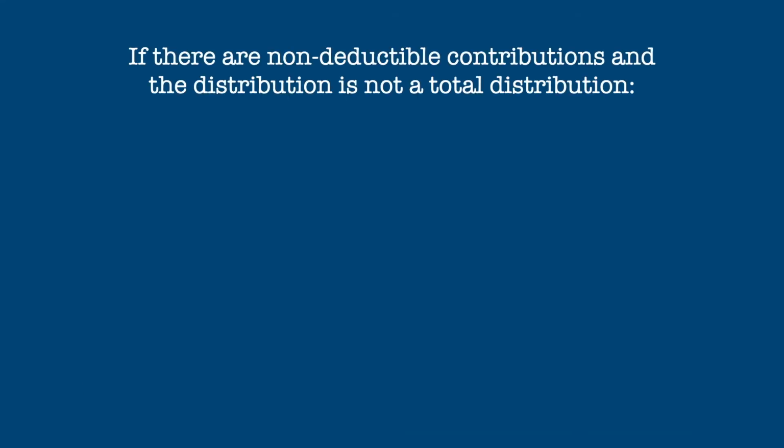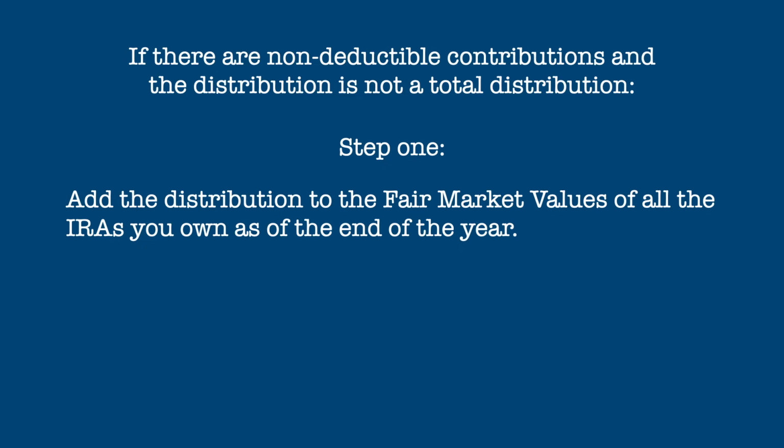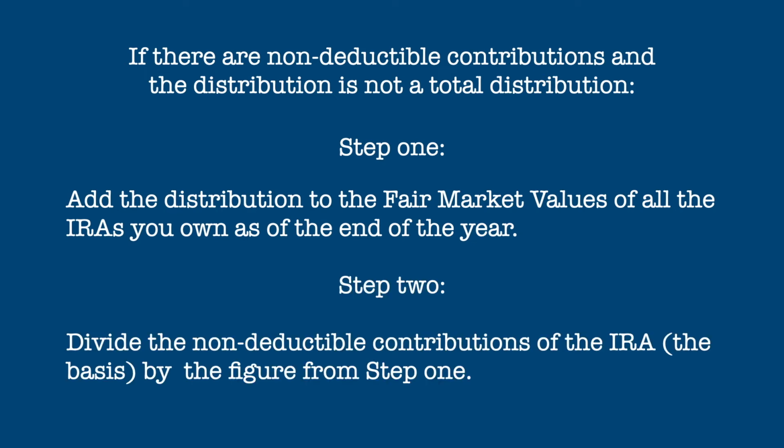If the total distribution box on the 1099-R is not checked, and there's a basis in the IRA, things get more complicated. The taxable amount of the distribution is calculated as follows. Step 1. Add the distribution to the fair market value of all the IRAs you own as of the end of the year. Step 2. Divide the total non-deductible contributions you made, or the basis, by the result from Step 1.